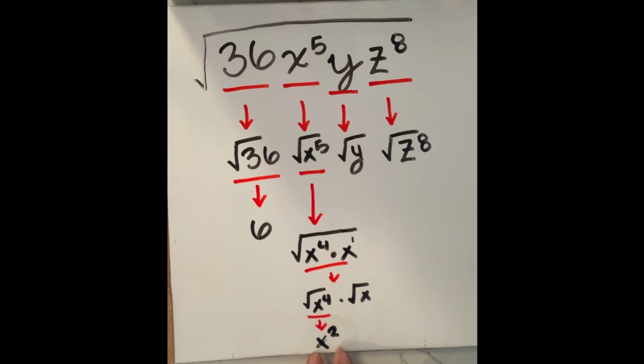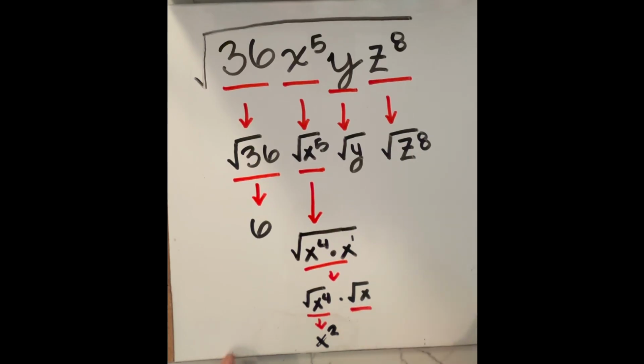So that would be our simplified answer for this first part. And if we look at this second part where we have just the square root of x, we can't really simplify that any further. So we would just leave that as the square root of x. So that's that for this second term.